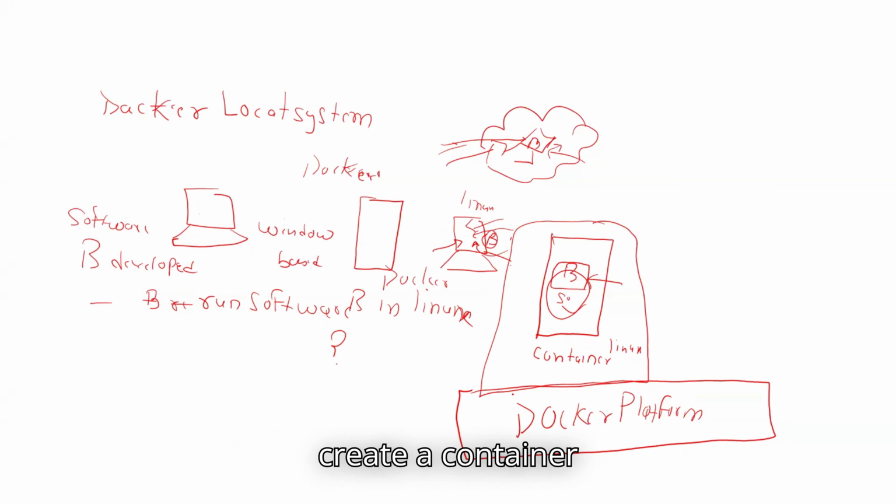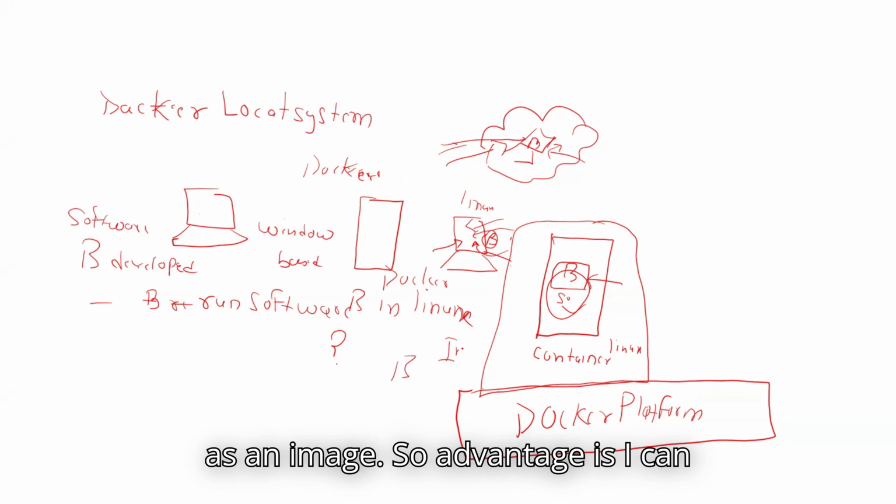But if I create a container of my software version as an image, the advantage is I can send this image to the cloud, I can send this image to the virtual machine, and build my B application over there without any issues, because I built that same image from my local environment where I was developing my application. That's how things are handled in the Docker system.